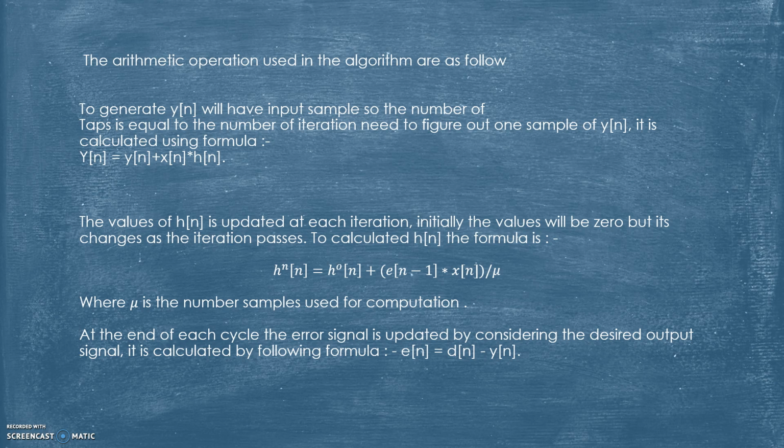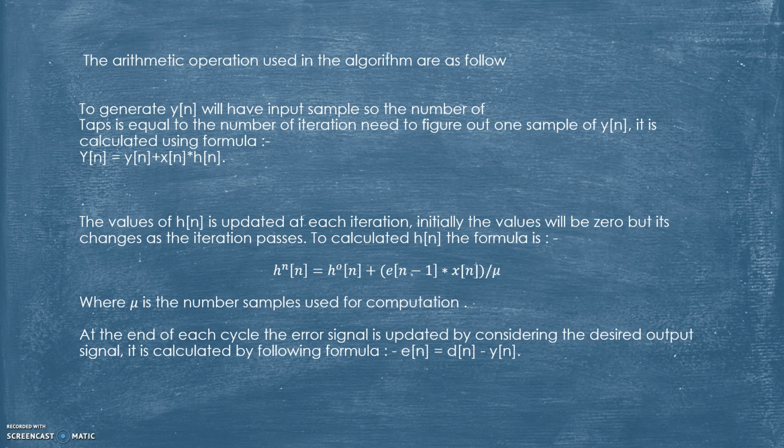So now talking about the algorithm, let's talk about how it is created. Initially we'll be having the input samples which we have calculated through our MATLAB code, and then we'll be having the desired signal as well. So initially we'll be taking the error signal as 0 and h of n as 0, and we'll be calculating the y of n.